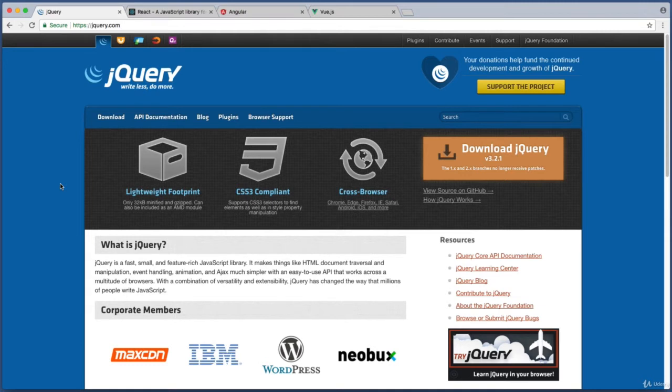What I mean by this is jQuery doesn't really have an all-encompassing philosophy or way of looking at the world. jQuery is really just an abstraction layer of regular JavaScript that makes it easier to interact with the DOM. And this is why I chose jQuery in this course, because I didn't want to force an opinion on you.